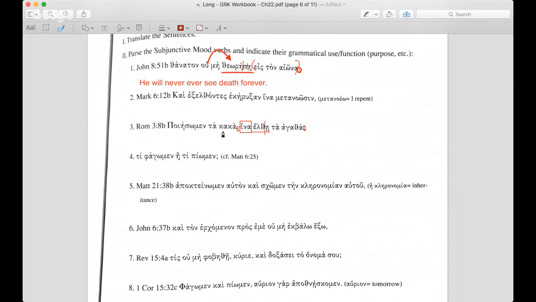We'll come back to this. Let's go back to the front. Do we have a primary verb in the first clause? Do we have a verb in the first clause? Let's see. Yes. Poiesomen. I had to think about what that meant for a minute. Yeah, absolutely. And where do we want to draw lines on it?